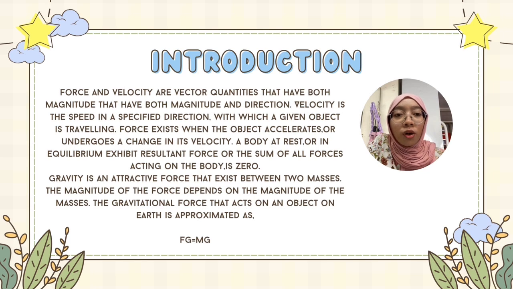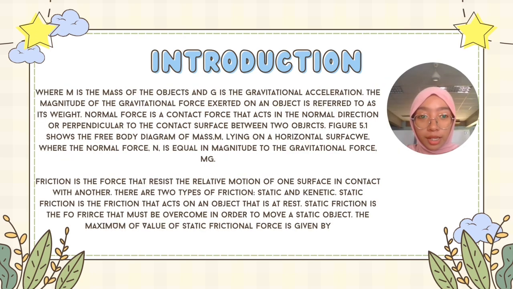Gravity is an attractive force that exists between two masses. The magnitude of the force depends on the magnitude of the masses. The gravitational force that acts on an object on Earth is approximated as Fg equals mg, where m is the mass of the object and g is the gravitational acceleration. The magnitude of the gravitational force exerted on an object is referred to as its weight.